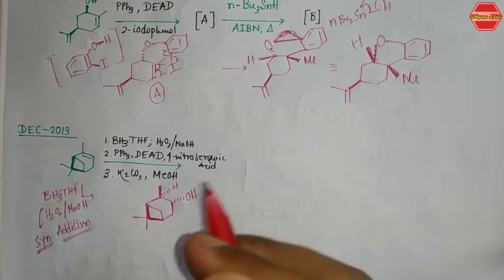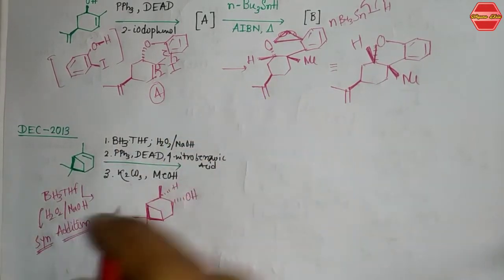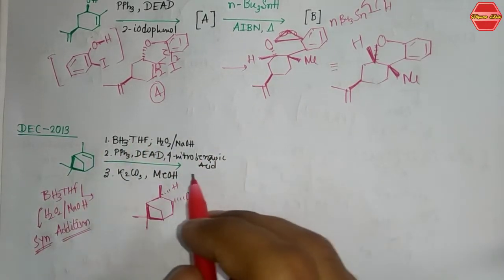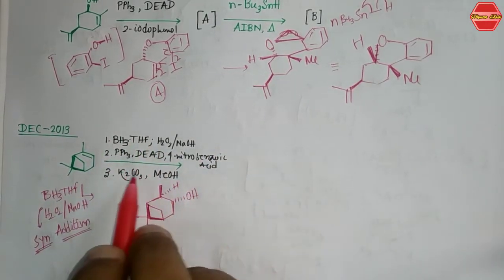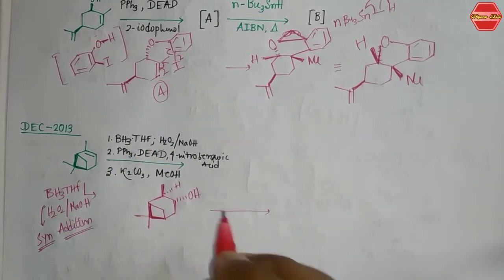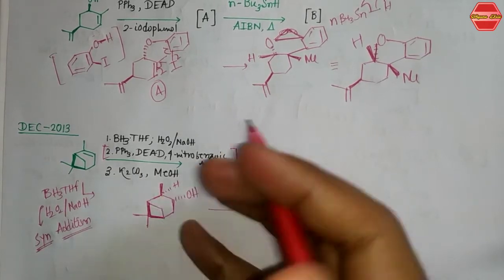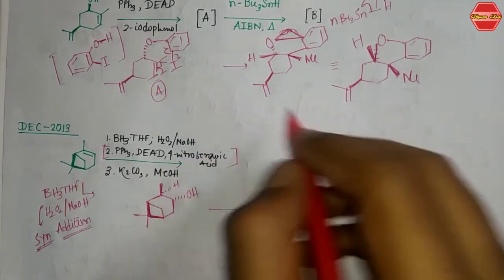Now see how tricky the question was: you don't have this OH, so you have to prepare the OH first, then you have to do this overall reaction, that is the Mitsunobu reaction. So this is your Mitsunobu reagent, PPh3, DEAD, and 4-nitrobenzoic acid. Now this 4-nitrobenzoic acid is basically your nucleophile.